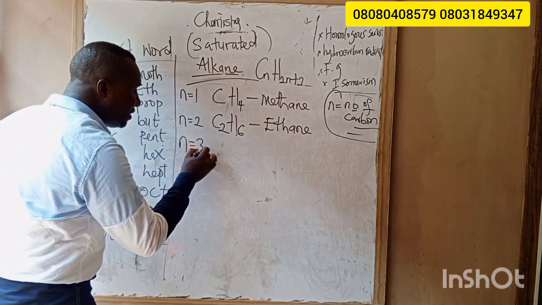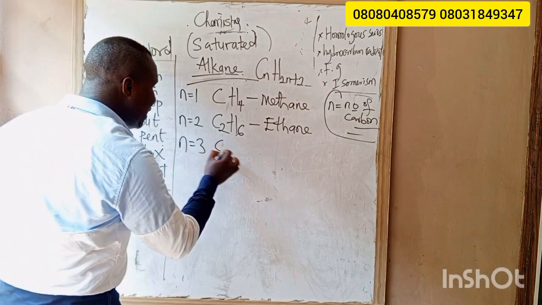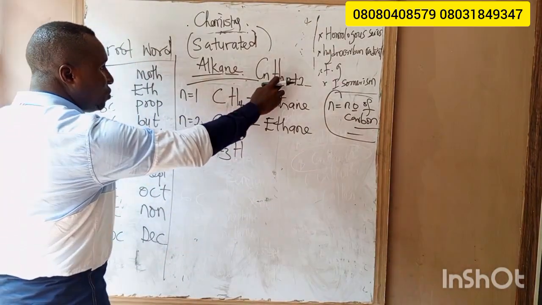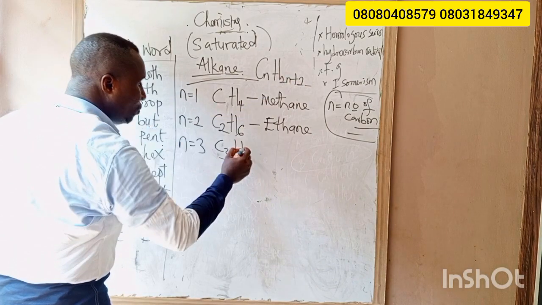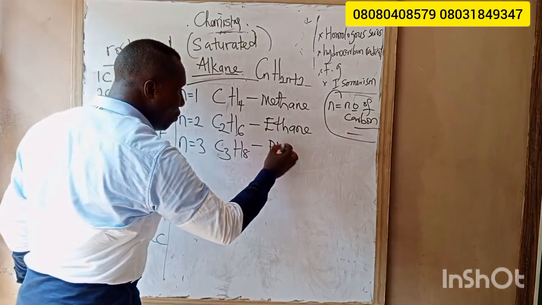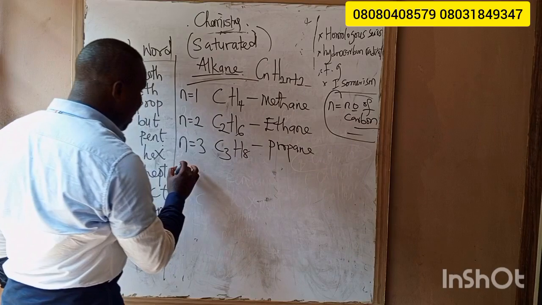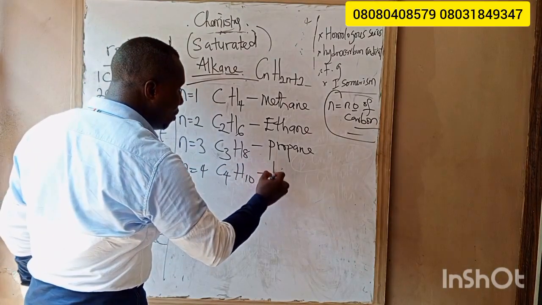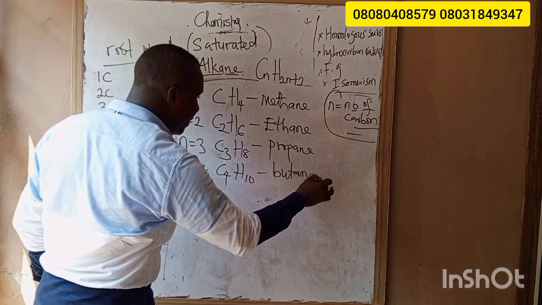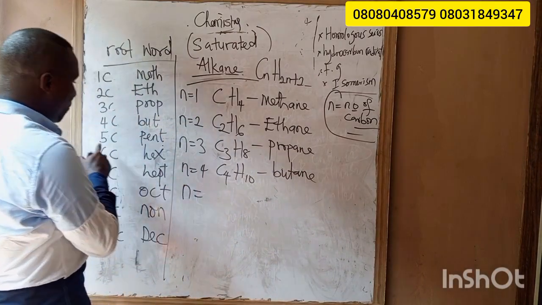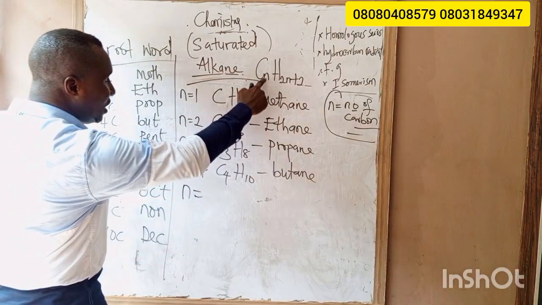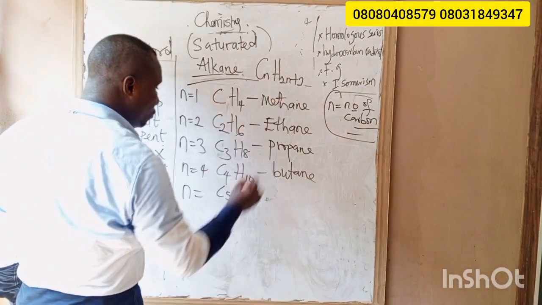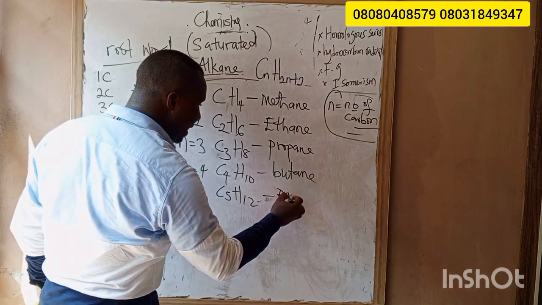When n equals 3, you have C3H. Change: 2 times 3, 6, plus 2, 8, which is propane. n equals 4, you have C4H10, which is butane. n equals 5 carbon, change n to 5: C5H, 2 times 5, 10, plus 2, 12, which is pentane.